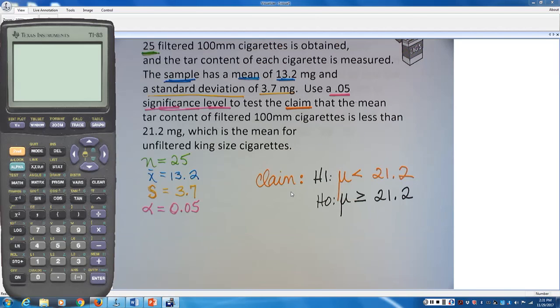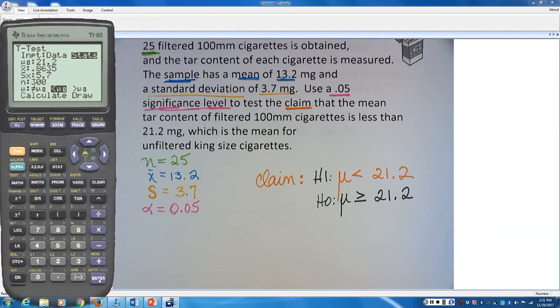I'm not going to, in the interest of time, keep writing all the test things down, but you should. So this is a, which test? Say again? T-test. And it's a t-test because we have S, not sigma. So we have statistics. The claim is 21.2.